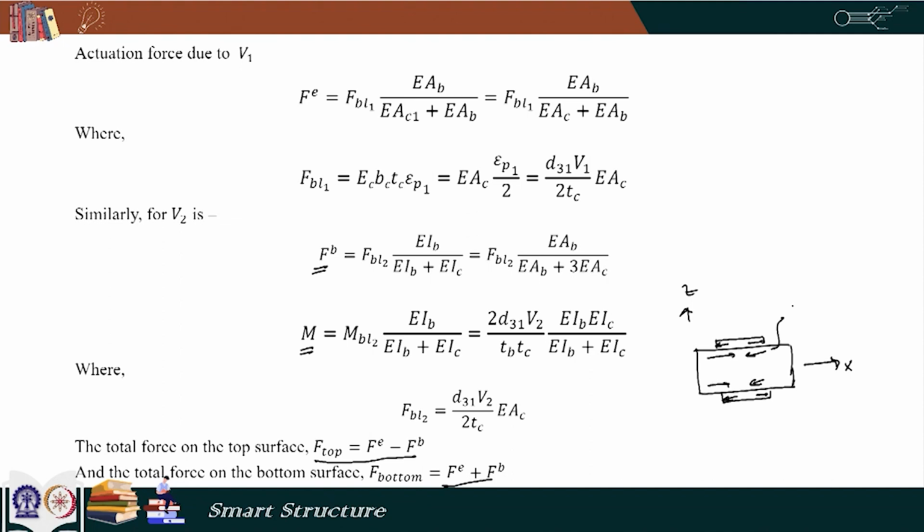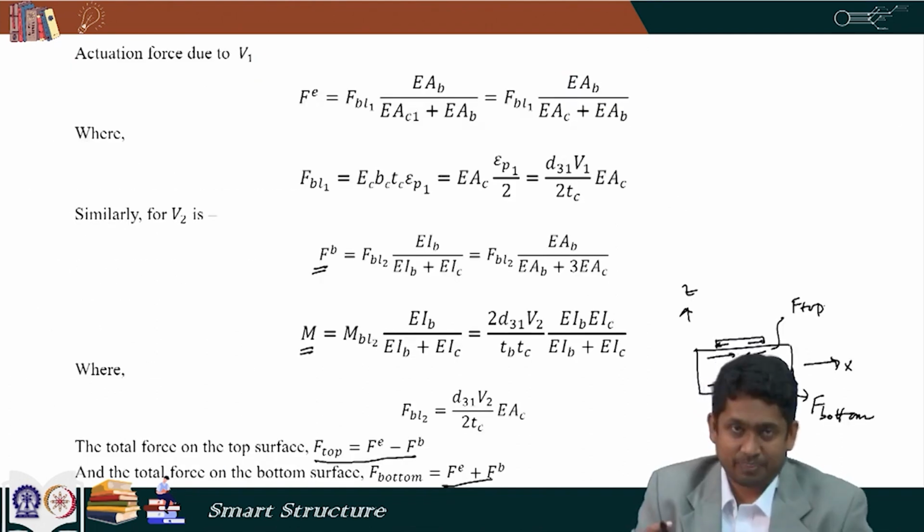So, this can be written as F top, this can be written as F bottom, or vice versa, the sign also may change. And F top and F bottom, they are not same, they can be different in terms of their directions also, and magnitude wise also they can be different.